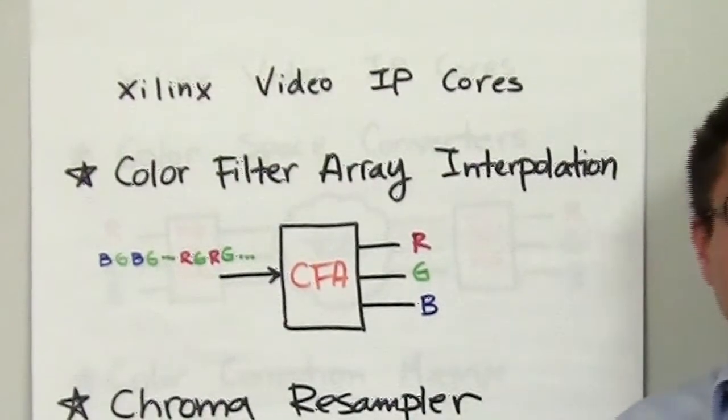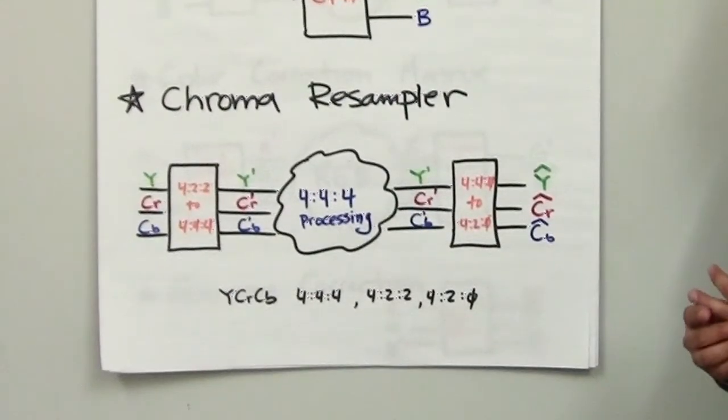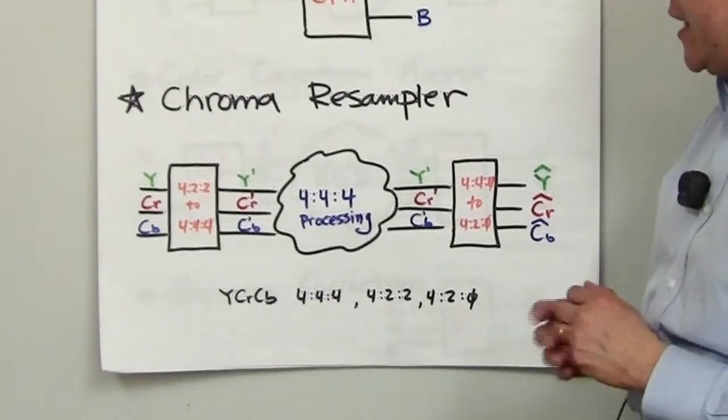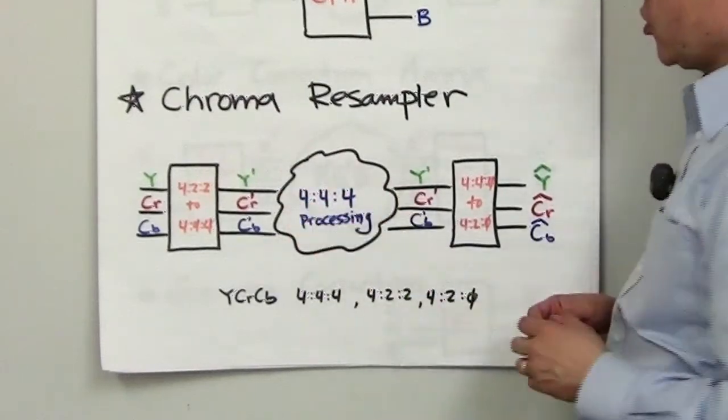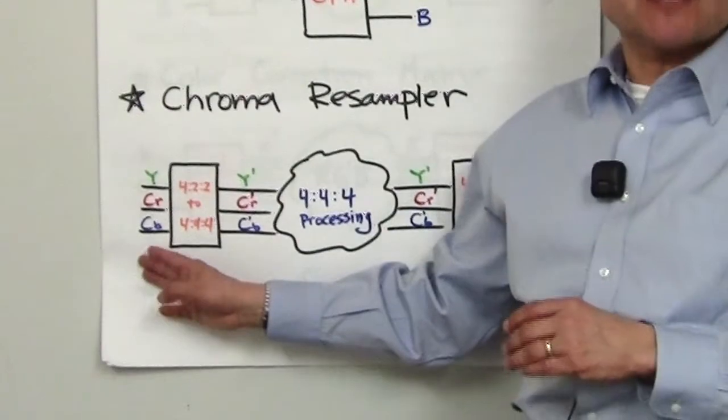There's also a chroma resampler. A chroma resampler is a very interesting and useful IP because it allows you to process data in a full sample domain, 444, and yet get the data in a subsample domain.